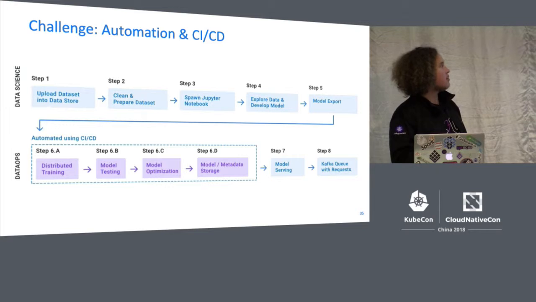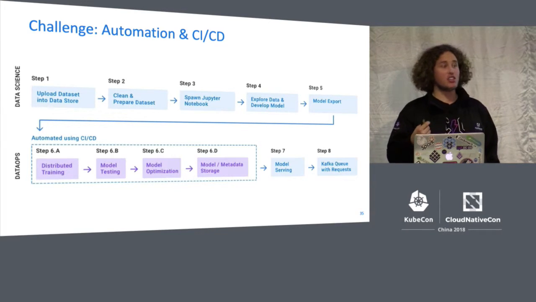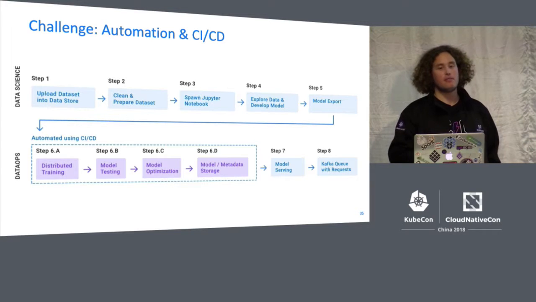So we have taken care of all the distributed training, model testing, model optimizations, model storage, and if I want to do continuous CD, I can even then put it into serving in production.